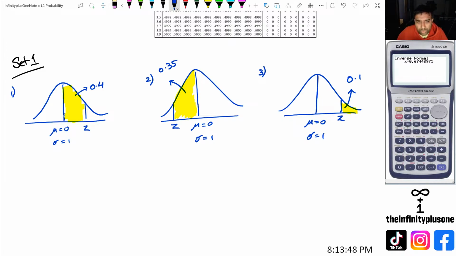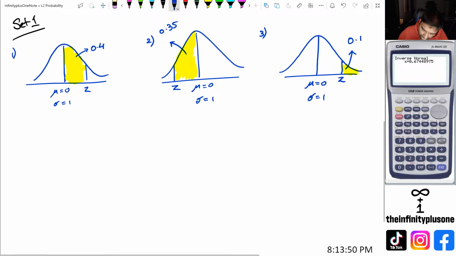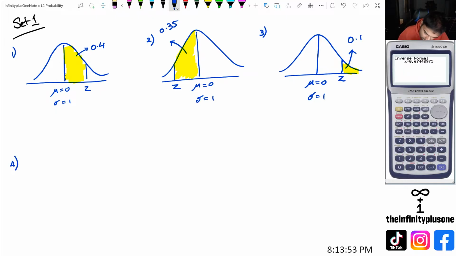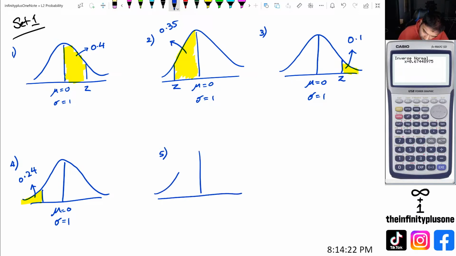Now should we do all situations? Yeah, let's actually cover all the situations, and that way we don't have to worry about it. Number 4. That's a terrible bell curve. That's not gonna work.